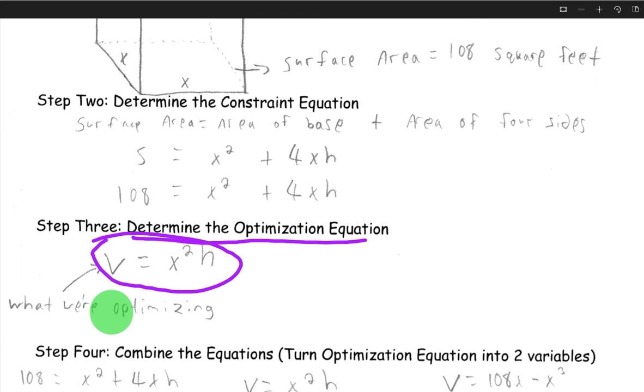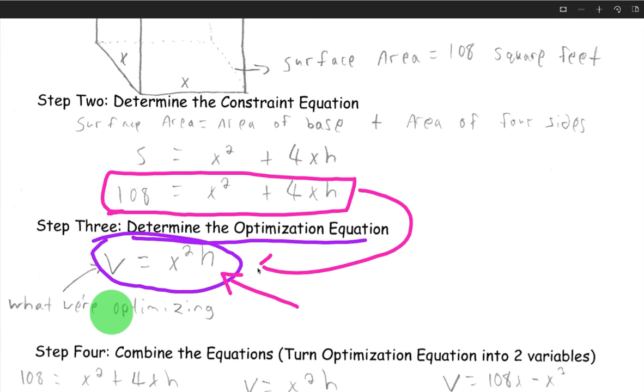And now you're thinking, okay, why did we determine a constraint equation? Well, look how many variables we have in this. We have 3: v, x, and h. What we can do is use our constraint equation to make this in terms of 2 variables, which, just like related rates, is going to make it easier for us to take the derivative and figure some stuff out.